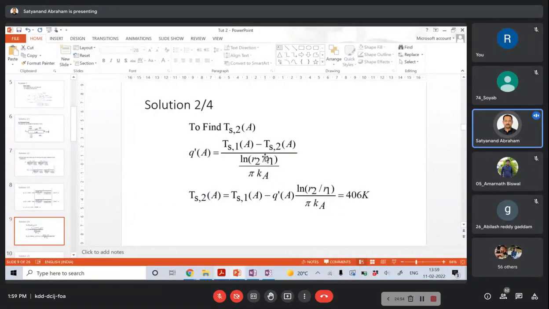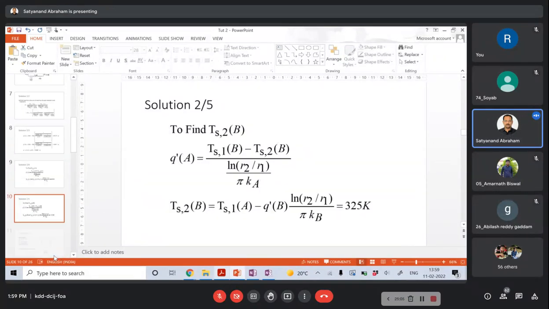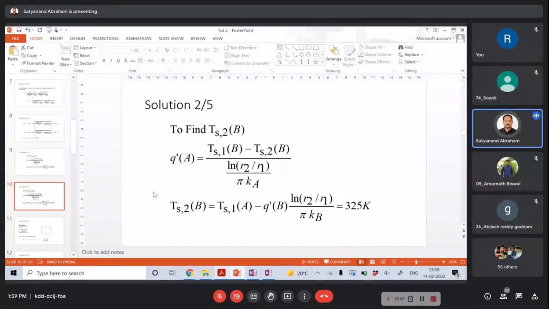So if you do that, all the terms we know now. Q also we calculated using the full circuit, and based on that you can calculate the outer temperature. Likewise, we can also calculate the surface temperature on B. So here only the conduction resistance through B is going to be considered.